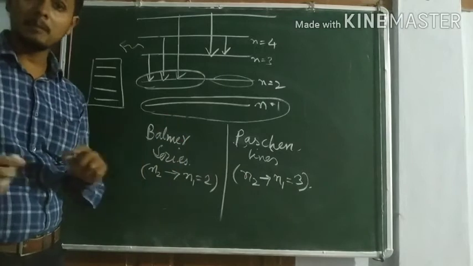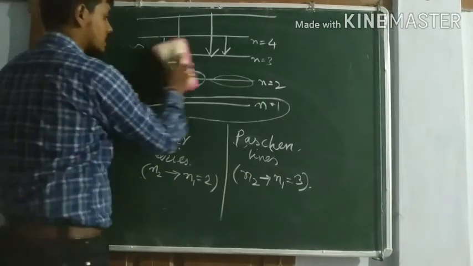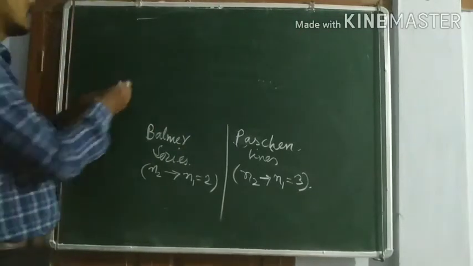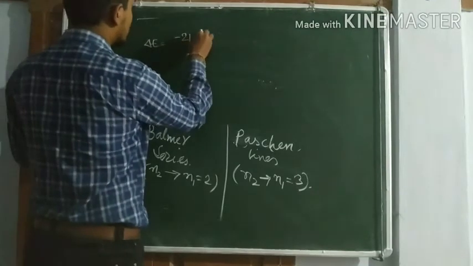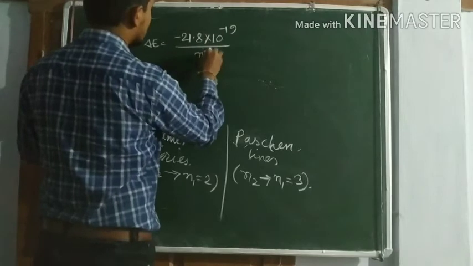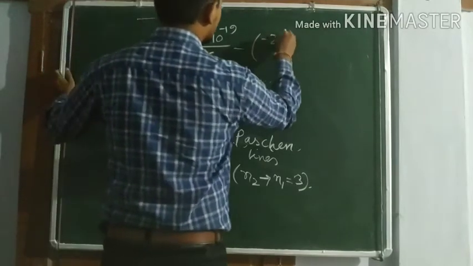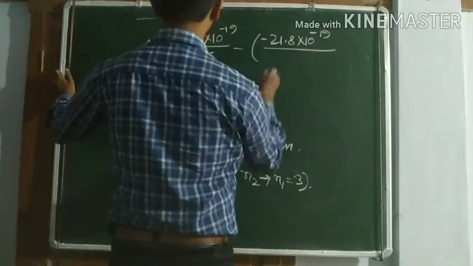Now, what will be the energy lost when we consider Balmer lines? So delta E will be equal to minus 21.8 into 10 to the power minus 19 by n square for the nth level, minus minus 21.8 into 10 to the power minus 19 by 2 square.